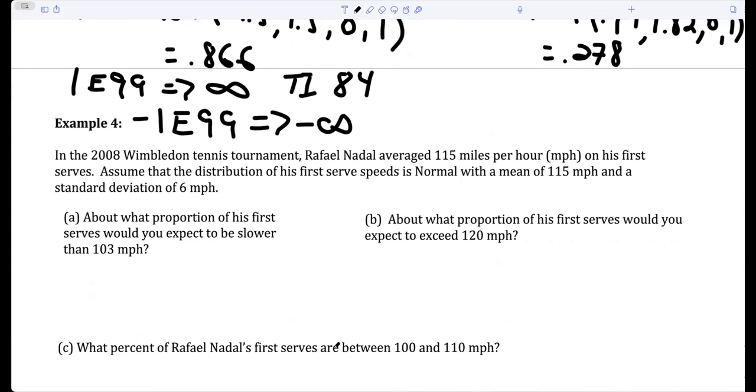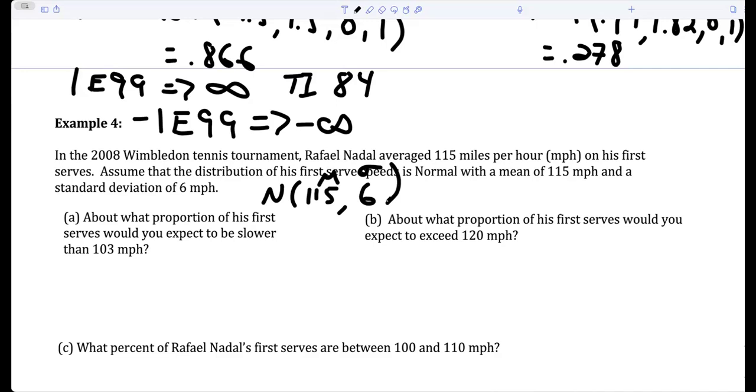It says in the 2008 Wimbledon tennis tournament, Rafael Nadal averaged 115 miles per hour on his first serves. Assume that the distribution of his first serve speeds is normal with a mean of 115 and a standard deviation of 6. All right, so I would write it like this: normal distribution, mu is 115, sigma is 6.